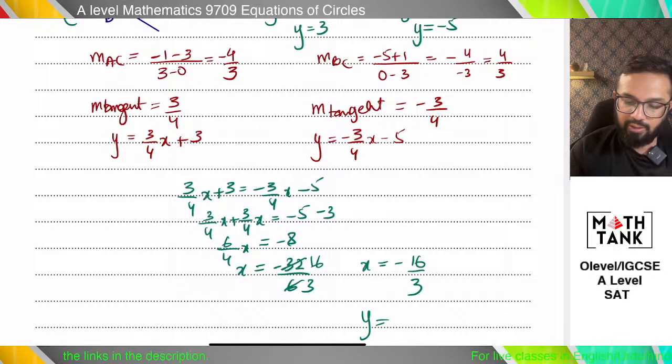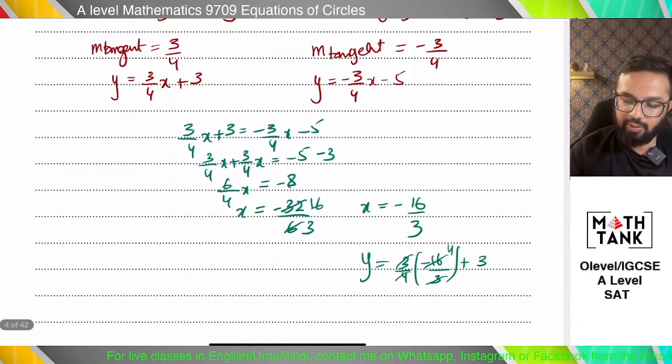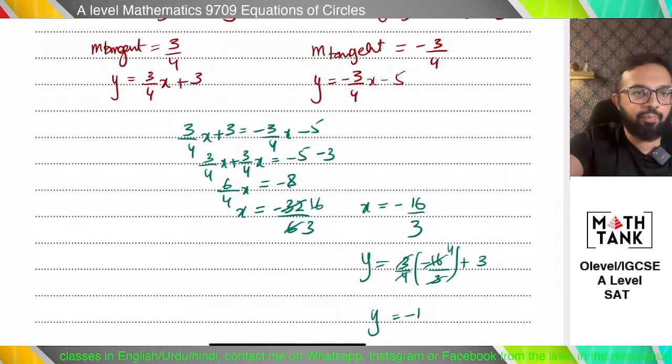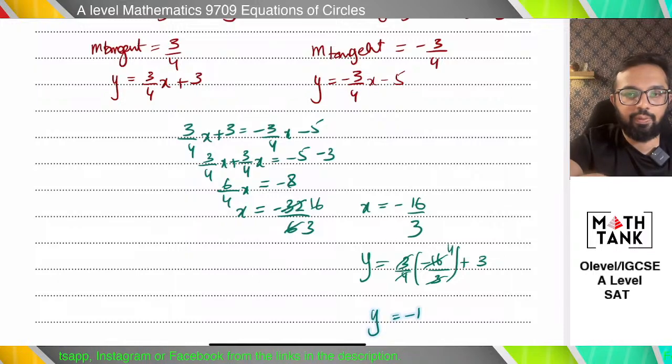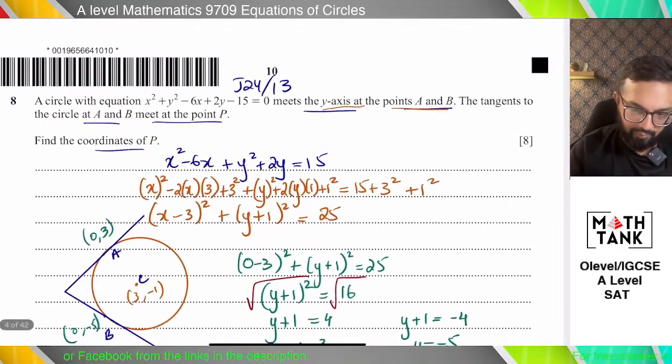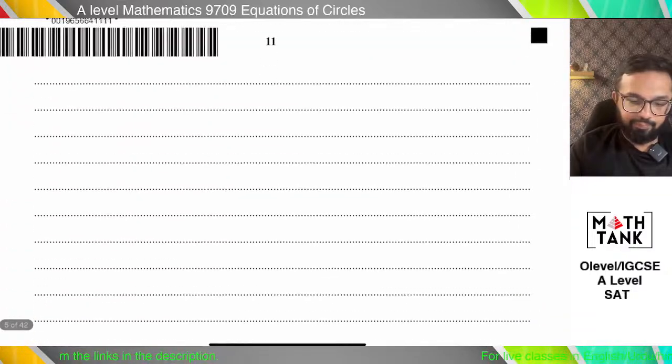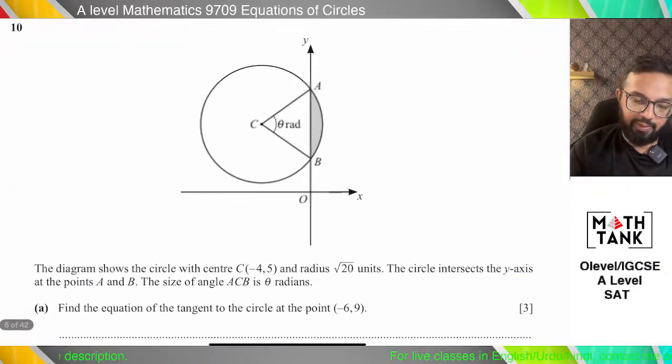You can find y by plugging in into any of the equations. 3 cancelled, 4 plus 3, so y is minus 1, right? Yep. Okay, that is the correct answer to this question. This was May June 24, 1-3. Okay, there was lots of space.